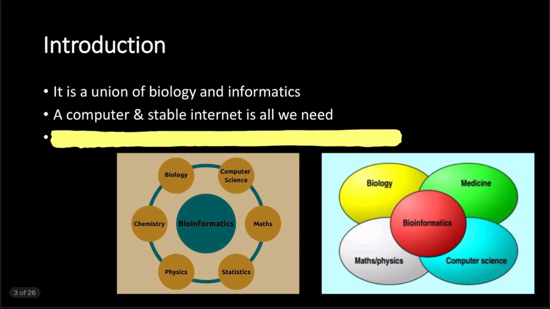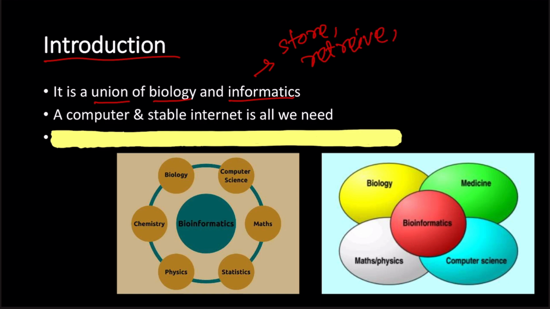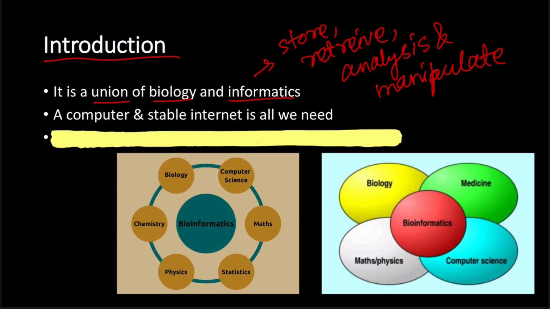So first, coming to the introduction. Bioinformatics is basically a union of biology and informatics. In bioinformatics, what we do is we store, retrieve, analyze and manipulate the biological data, that is the data related to several biomolecules, that is macromolecules like DNA, RNA, proteins, and several metabolites.